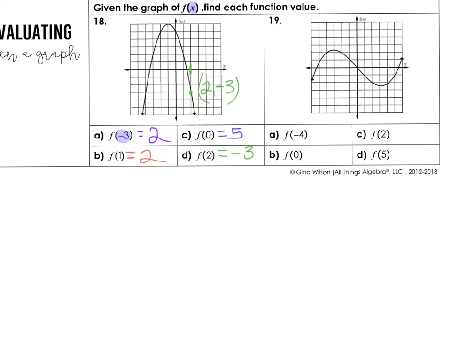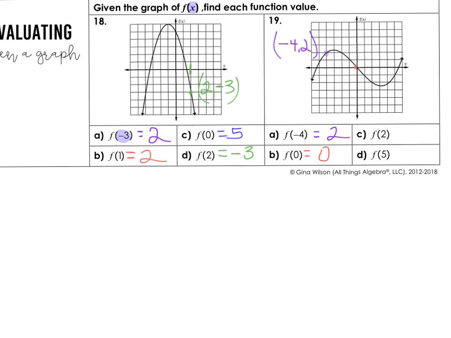So I'm going to do f of -4. So I'm going to go all the way to the -4 and go up till I hit the graph, which is there. And that's the point -4, 2. So when x is -4, my y is 2. F of 0, well, I'm going to do 0 on the graph. And I don't go anywhere, so that is also 0.